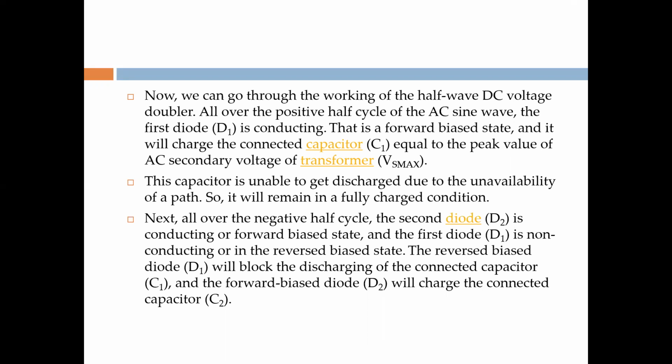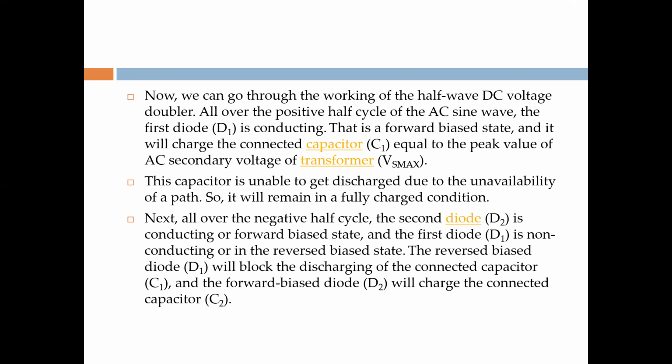Now, when AC supply is given, there are surely two terms, positive half cycle and negative half cycle. So we'll see what is happening in the negative half cycle. See here, in the negative half cycle, the second diode D2 is conducting or forward bias. In the first case, D1 is conducting, D2 is reverse bias.